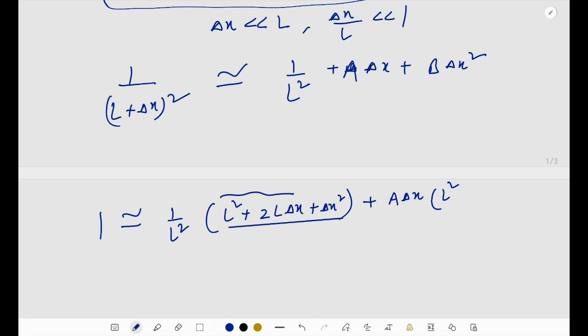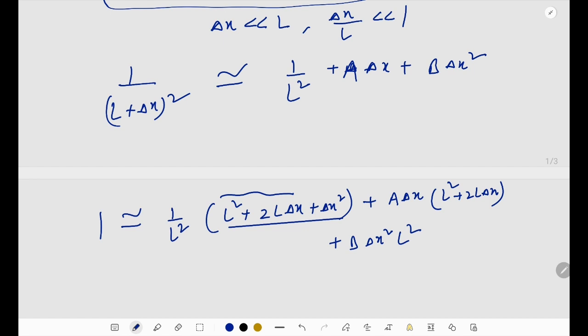Any power more than 2 will become 0. So I'm going to write this as L square plus 2L delta x only plus B delta x square. So I'm going to take the first term only here, L square.